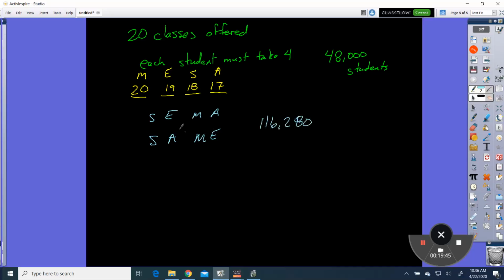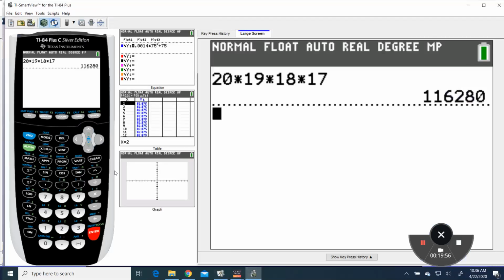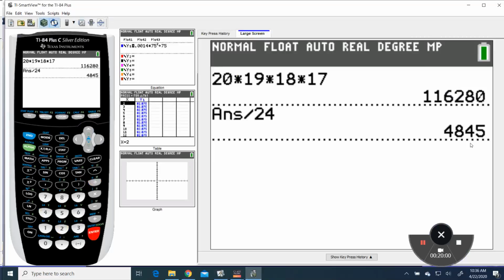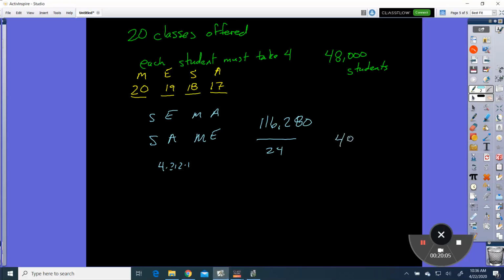Now, if we say these are the same, then we'd have 4 times 3 times 2 times 1. So we'd have to take this number and divide it by 24, and we'd get 4,845.